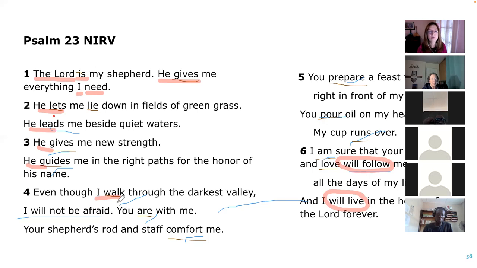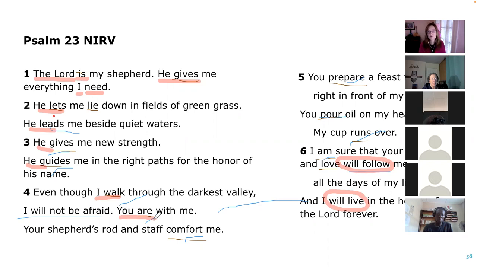Now, we'll also notice that David switches from talking about the Lord to talking directly to the Lord. And so in verse 4, instead of using he is with me, David says, you are with me.